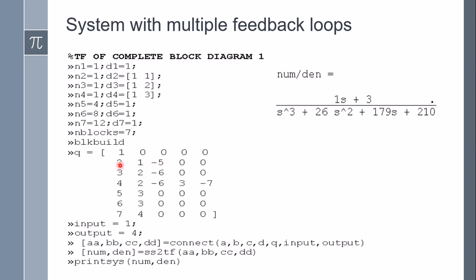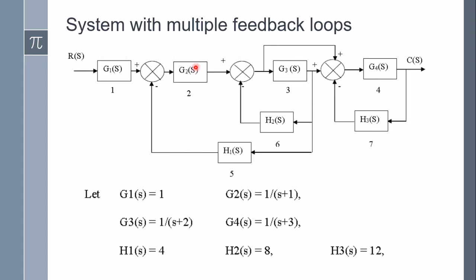If we take the second block, the inputs are the output of the first block and the output of the fifth block, and both the signals are combined using a summing element. The first output is connected to positive and the fifth output is connected to negative.